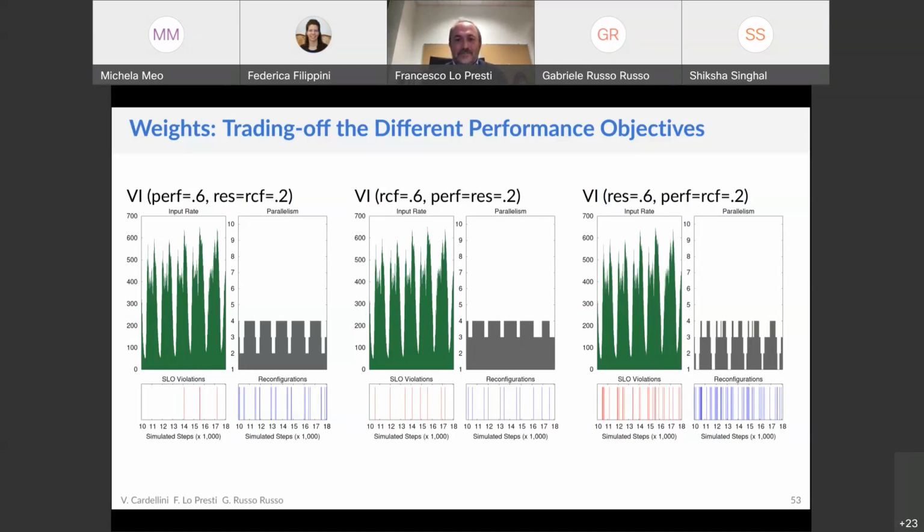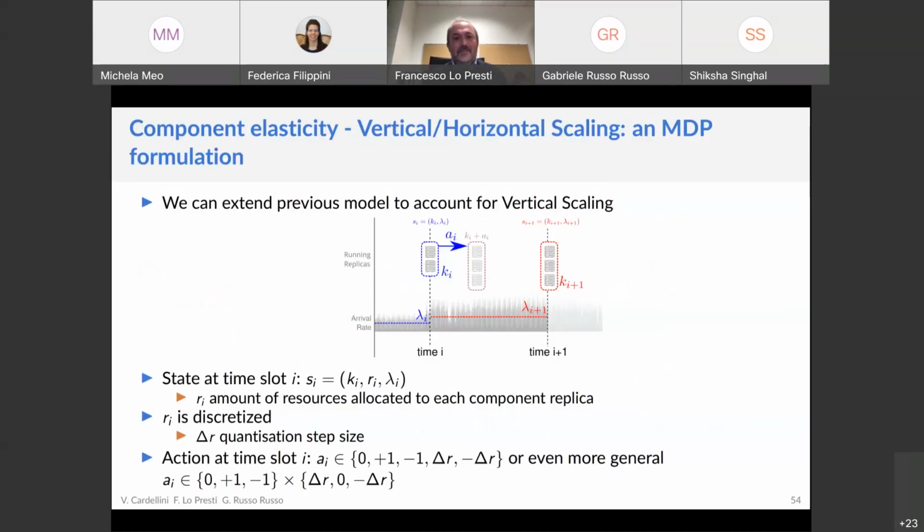Now, this was a very simple system. What I'd like to stress is that the simple system can be changed with little modification. For example, the previous model was looking at horizontal scaling, where I change the number of replicas of a given component, but there is also the possibility of vertical scaling, which is having the same component but adding resources to it, like CPU share and memory.